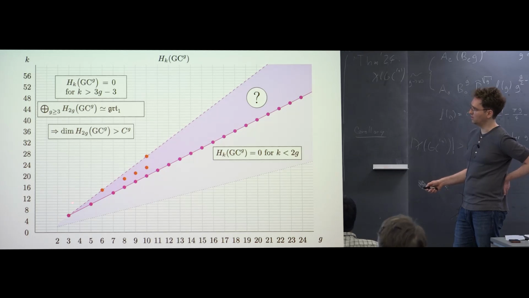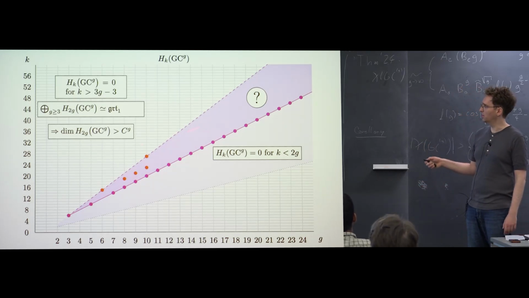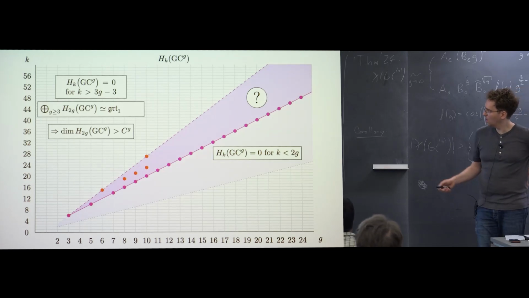There are lots of classes on there, so it starts with one here. This is the sigma 3 class. This is sigma 5. This is sigma 7, and so on. And at the higher dots, we also have Lie brackets of these classes, so they go up exponentially in number. And then these orange dots here are explicit computer calculations due to Bar-Natan, Willwacher, and Brian McKay.